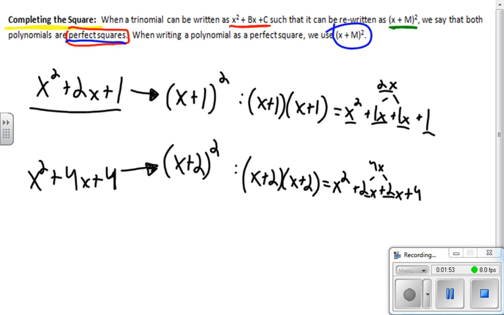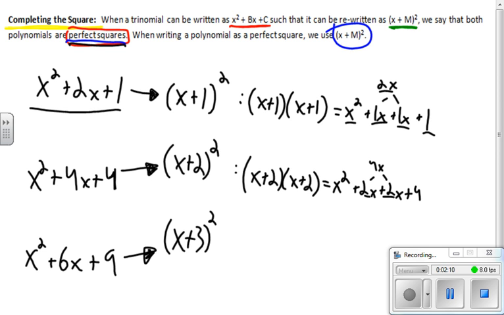So both of these are considered perfect squares. One more would be if we had (x plus 3) squared. A way to rewrite that one, if we FOIL it out, would be x squared plus 6x plus 9. So these are just a couple of quick examples here.